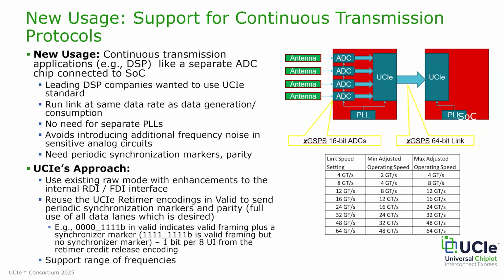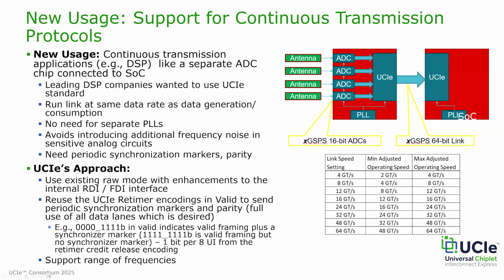So what we did was we looked into the valid signal. For the UCIe retimer, we had some additional encodings that we used for doing credit transfer. In this case, of course, this is not a UCIe retimer. This is a different usage. So we reused some of those encodings for doing synchronization and the additional information that you need. So you get about 1 bit for every 80 UI. That is still a very high bandwidth to get, given that these operating rates are fairly high.